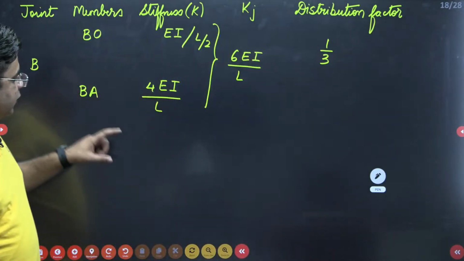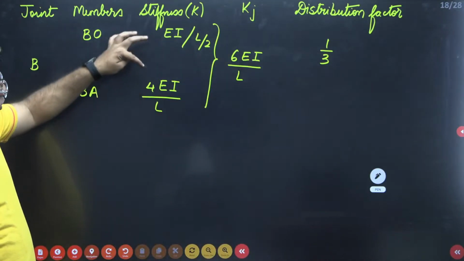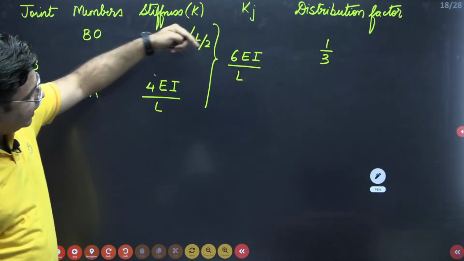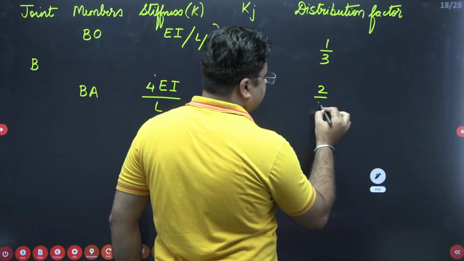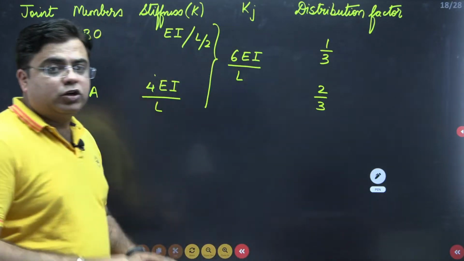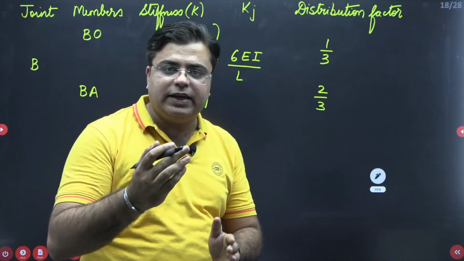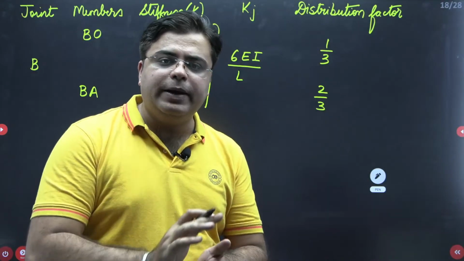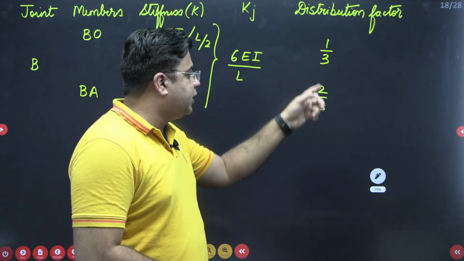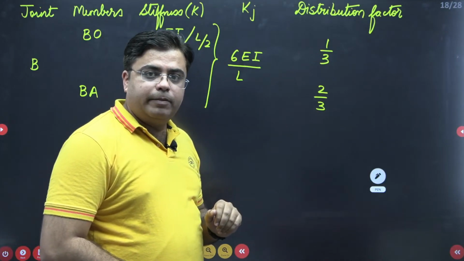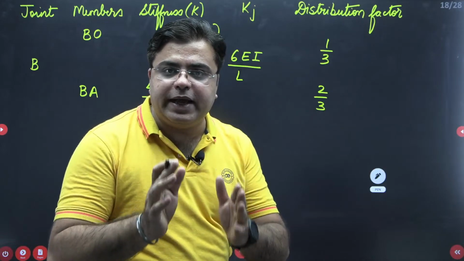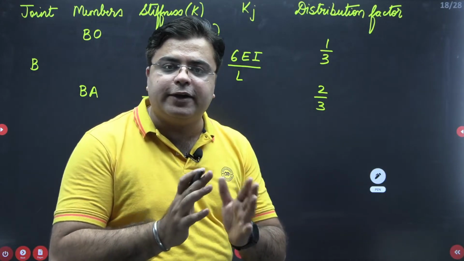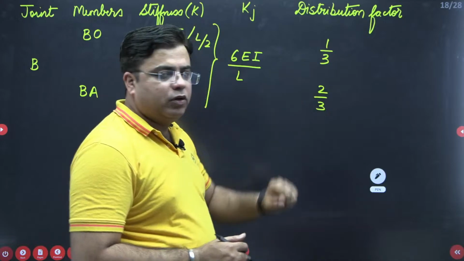Similarly, the distribution factor for member BA is equal to the stiffness of the member divided by the stiffness of the joint, which comes out to be 2 by 3. Now the total moment over the joint, which is minus WL square by 2, will be distributed in the members with respect to the distribution factors. That means 2/3 of the total moment coming over joint B will be taken by member BA and 1/3 of that moment will be taken by member BO.